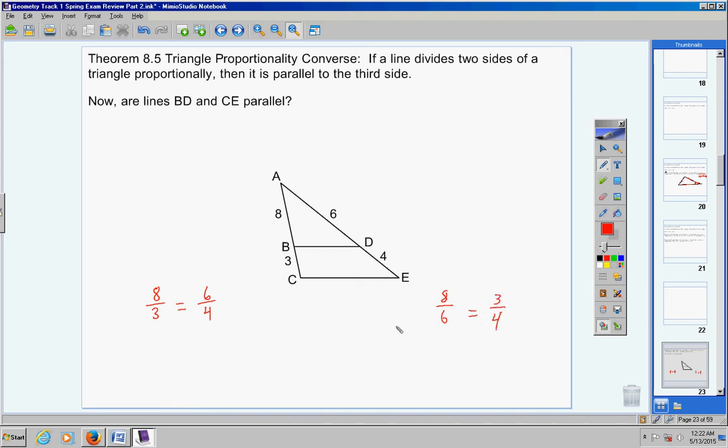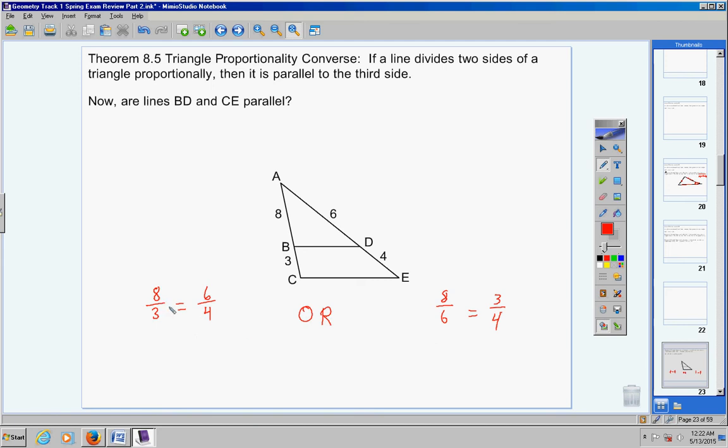By the way, you don't have to write both of these proportions. Let me say it again. Just one of them is all you have to write. I'm just trying to show you both ways so you know you can do either one of these.